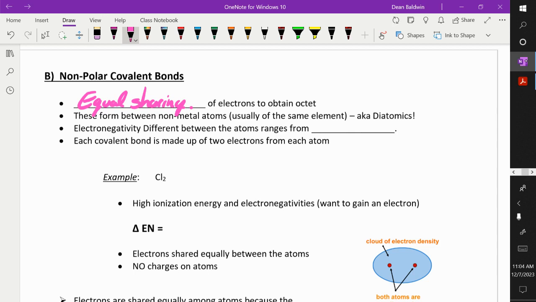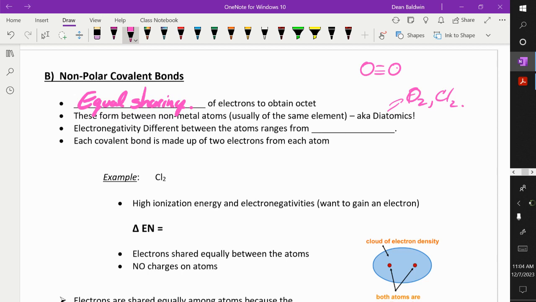Usually the same element. So the diatomics, so O2, Cl2. Okay? Because oxygen, O2, has the same electron density or electronegativity. Each is pulling in the same capacity against each other, so you get them to cancel out.